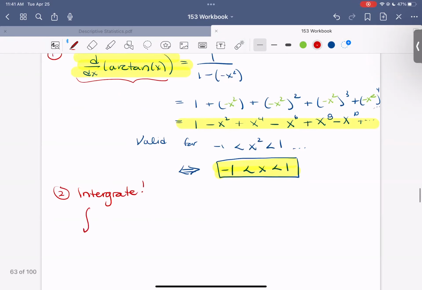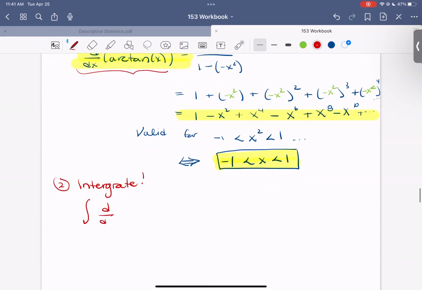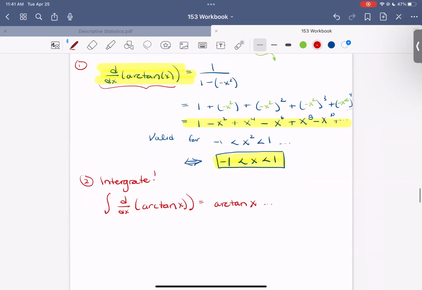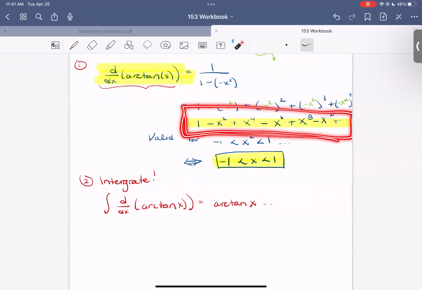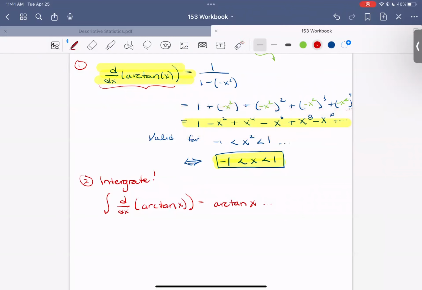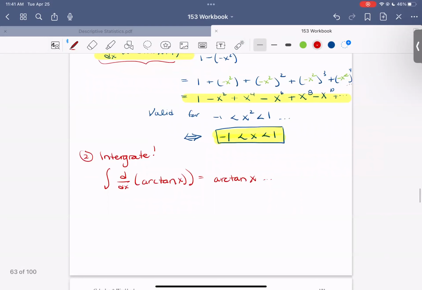So recall the integral of d/dx of arctan of x is going to give us back arctan of x. So what we want to do is integrate the right-hand side, or rather that power series that we just computed in part 1. So let's go ahead and do that.